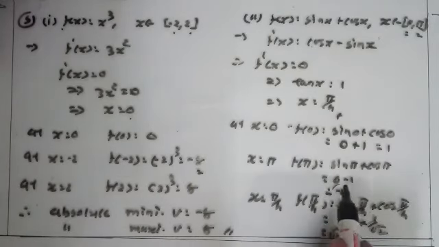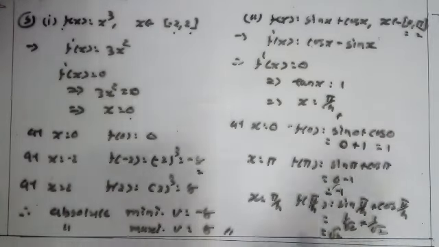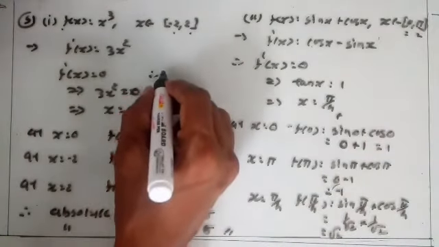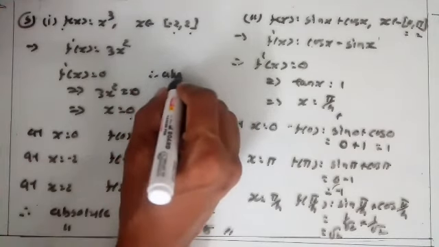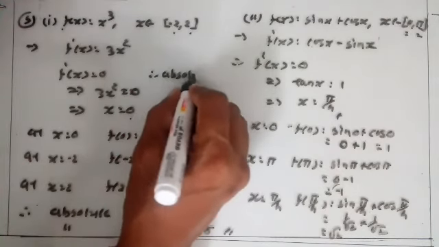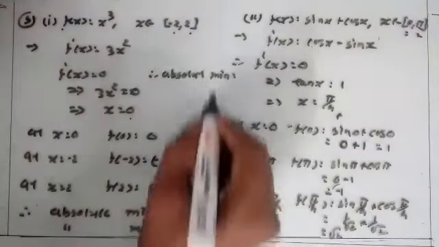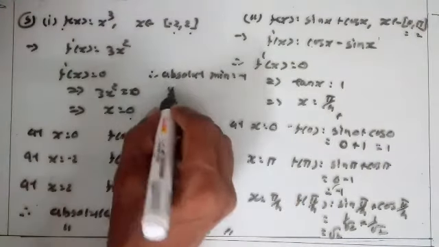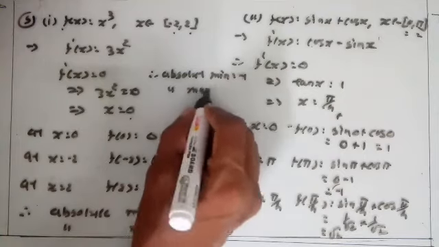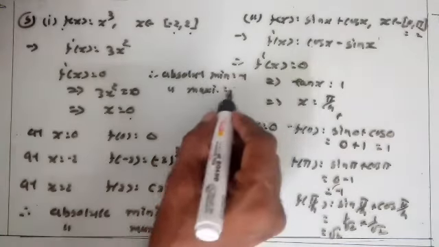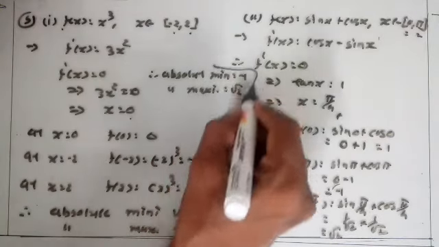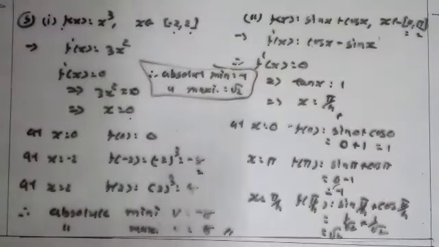So this becomes the absolute minimum and this becomes the absolute maximum. Therefore, the absolute minimum value is equal to minus 1 and the absolute maximum value is root 2. Clear? So remember this absolute minimum and absolute maximum of this question.